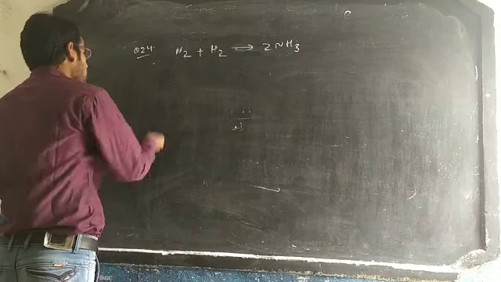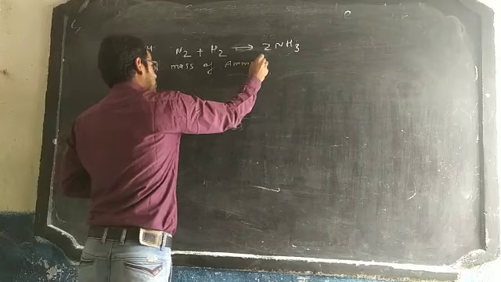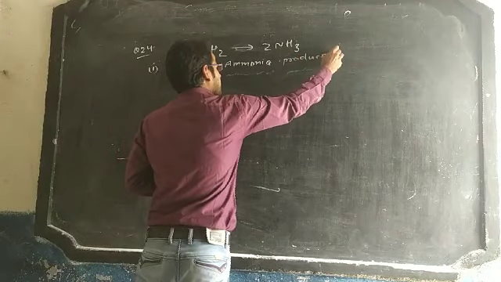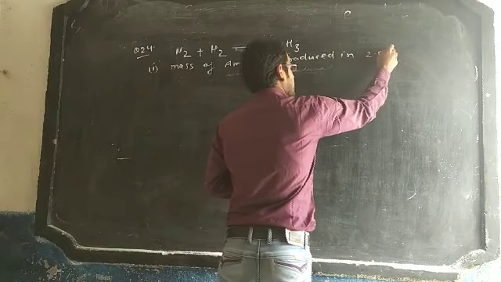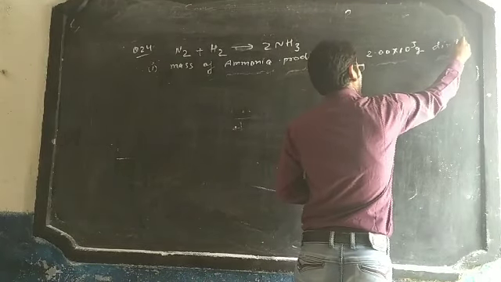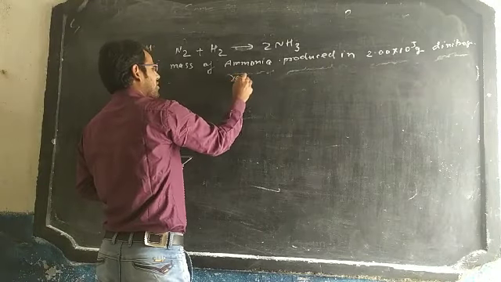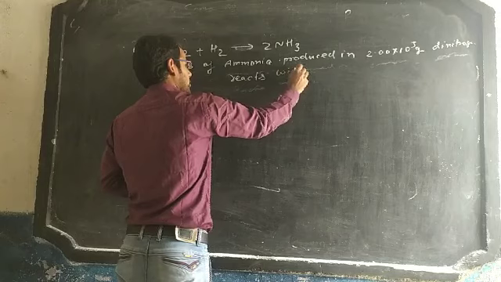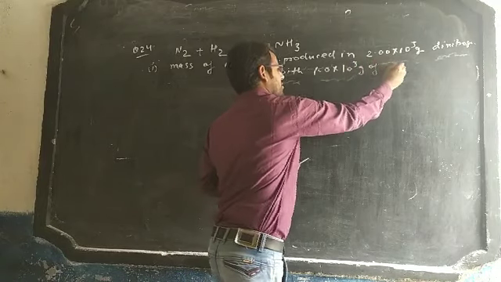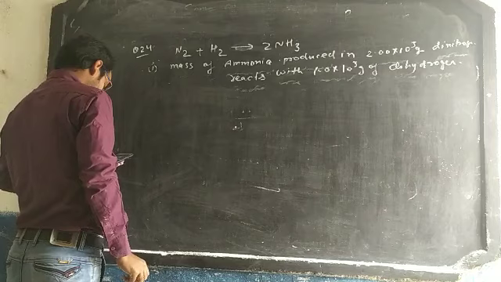Calculate the mass of ammonia produced if 2.00 into 10 to the power 3 gram of dinitrogen reacts with 1.0 into 10 to the power 3 gram of dihydrogen.